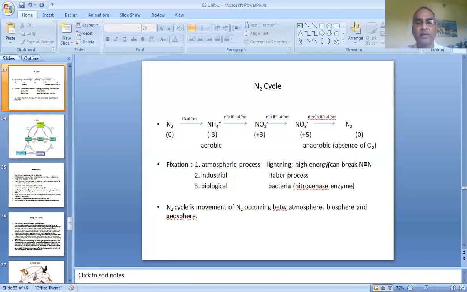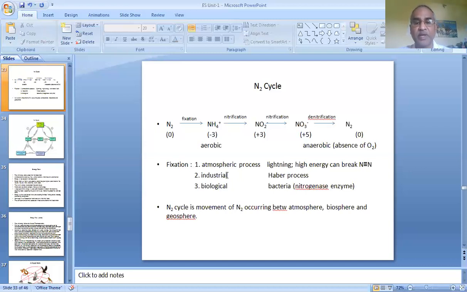So that's why we need a way of converting nitrogen into usable form, nitrate fertilizers. That is an industrial process, the Haber process of making ammonia.